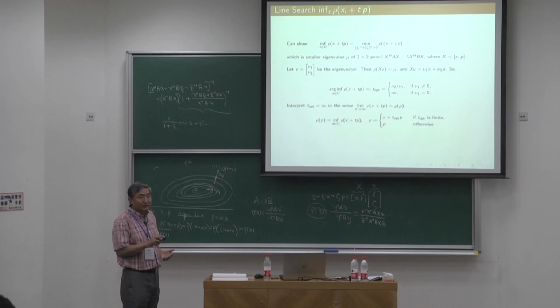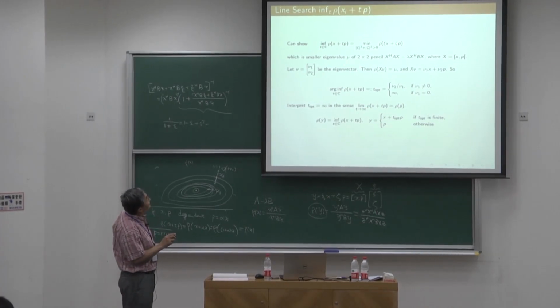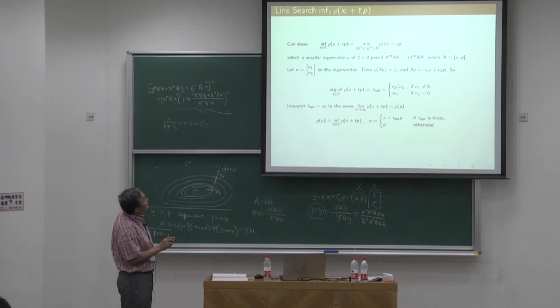Okay, so suppose this is a 2 by 2 pencil. Let's say we can solve it by hand, or it's easy. So you can compute the mu with eigenvector v, then rho. The solution to rho xv equals mu, and xv you can write as nu1 x plus nu2 p. Then the best possible argument has two choices.